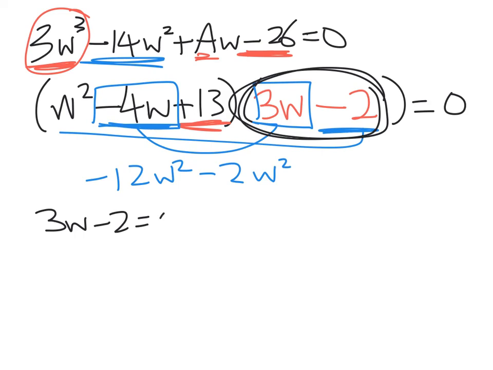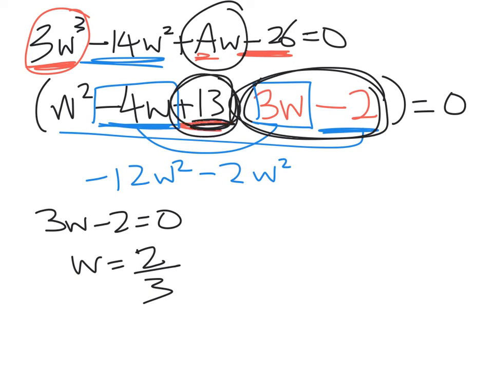3w minus 2 equals 0. So w equals, hang on, 3w minus 2? Yeah, so w equals 2/3. And I can work out the value of a. Here's how I do that. I've got 13 times 3w.